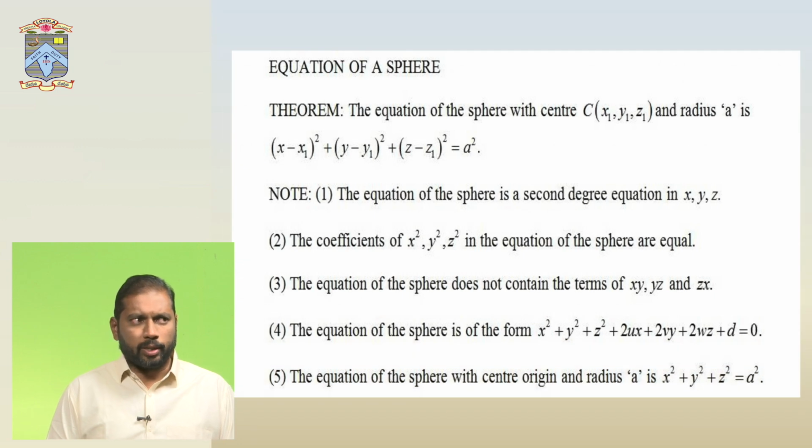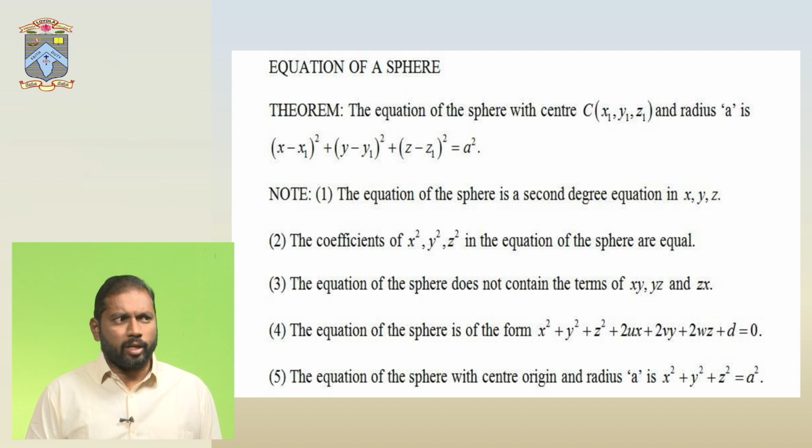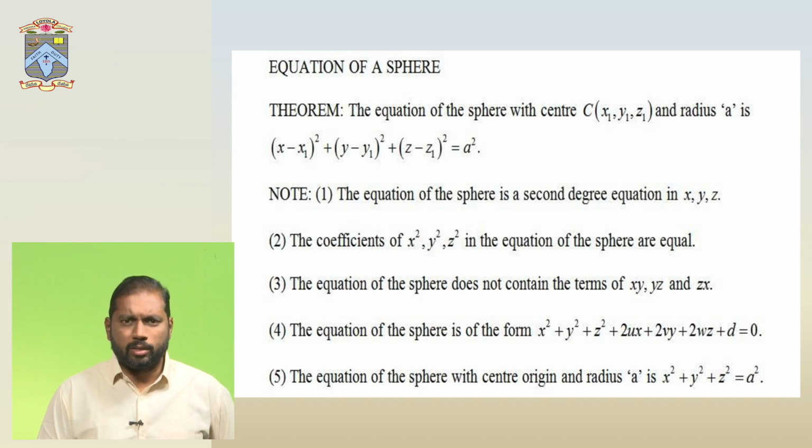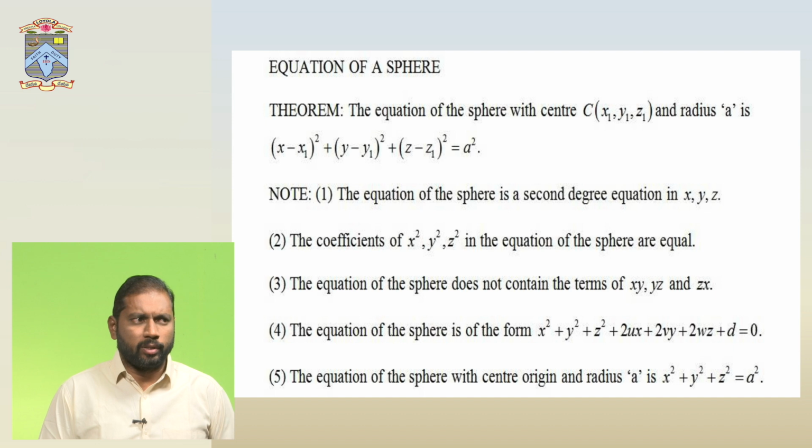Equation of a sphere. The equation of a sphere with center (x1, y1, z1) and radius a is (x minus x1) whole square plus (y minus y1) whole square plus (z minus z1) whole square equal to a square. We observe some points from the equation of the sphere.